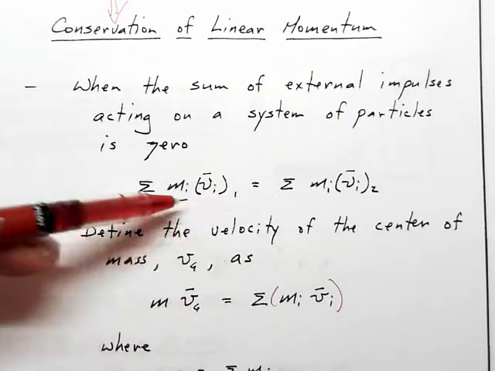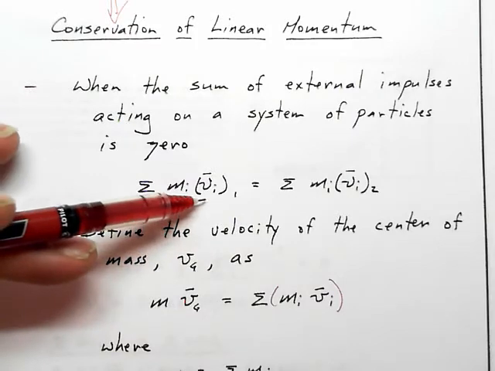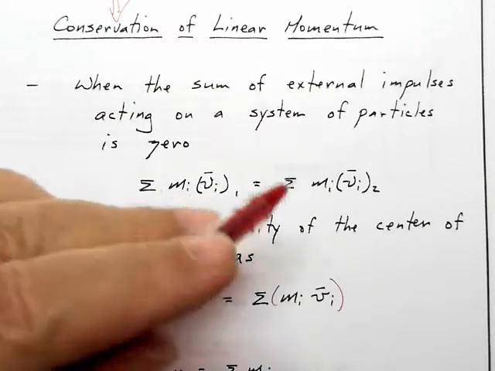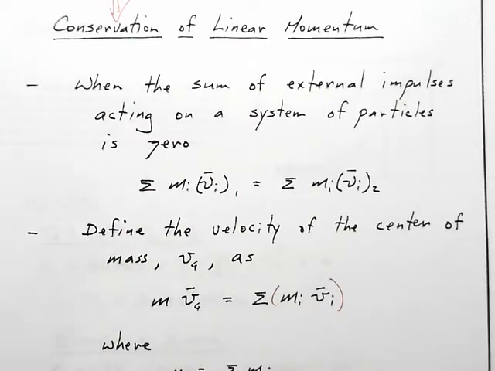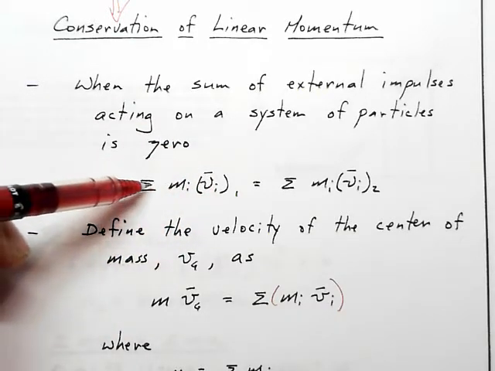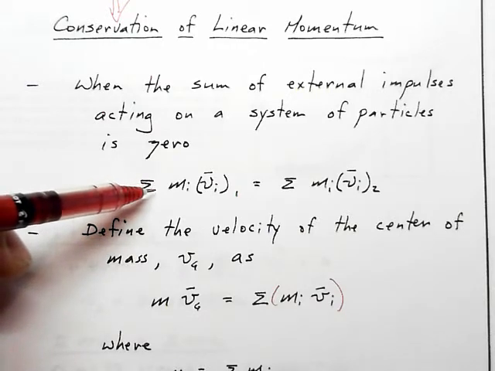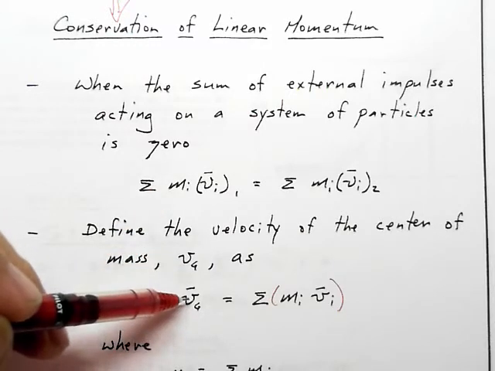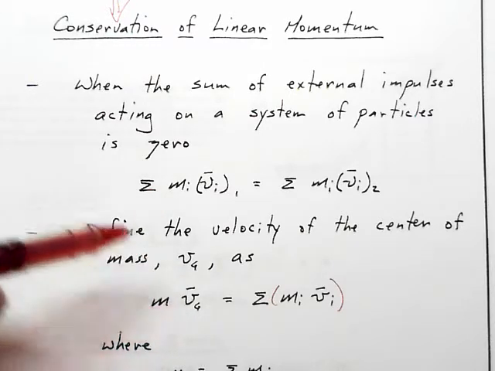Let's talk about this though for a system of particles, multiple particles. So we are going to put summations on these things. Now, one way we may view multiple particles is as a collection of particles that together have a center of gravity, and that vector center of gravity has a vector average velocity for the center of particles.